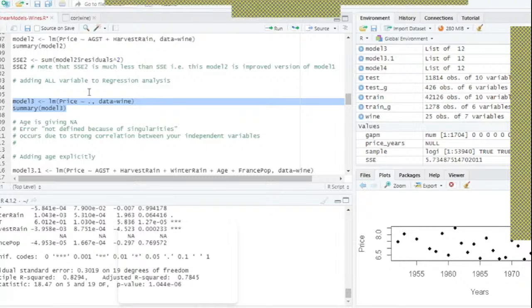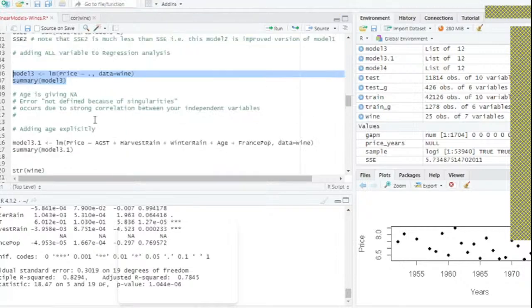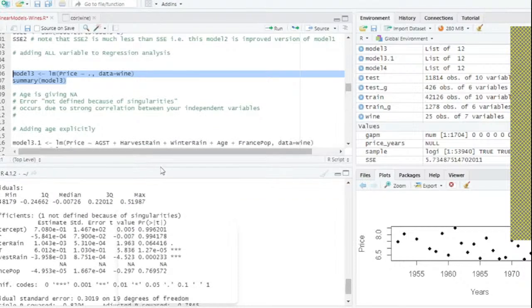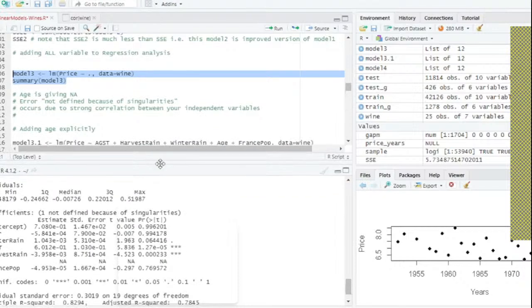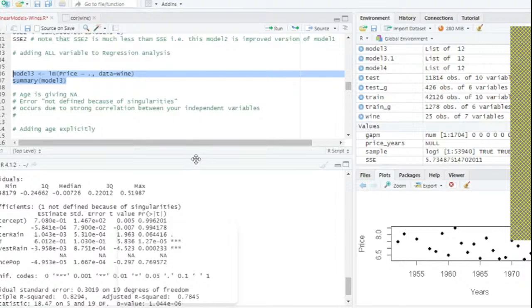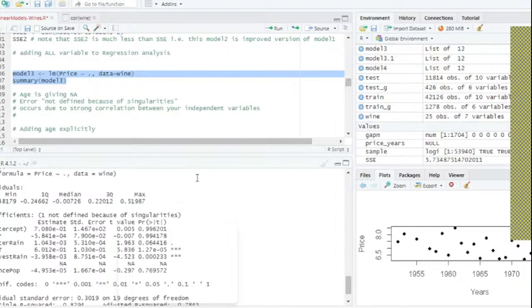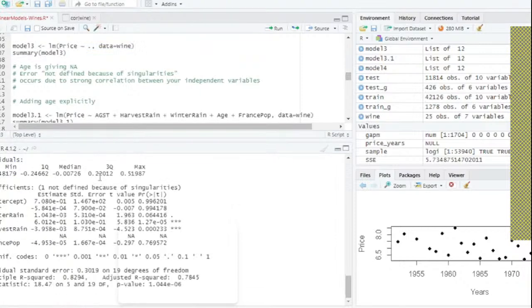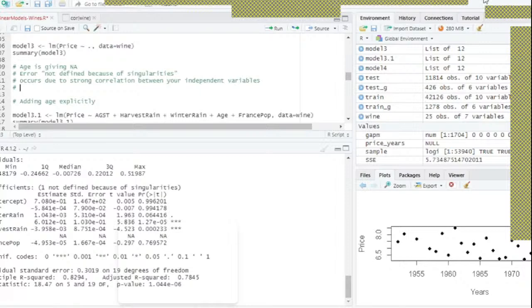When you run line number 106 and 107, you get this output. Please run line number 106 and 107. All of you are getting the same output?